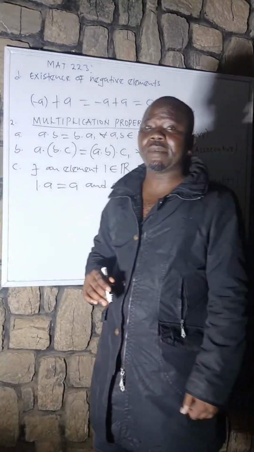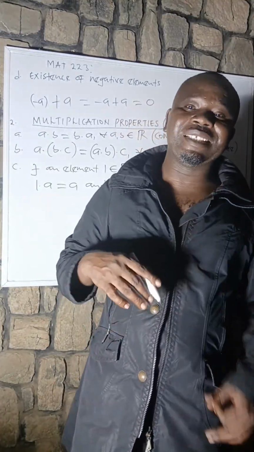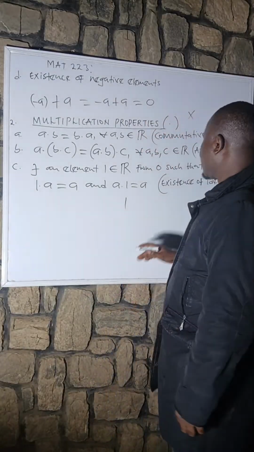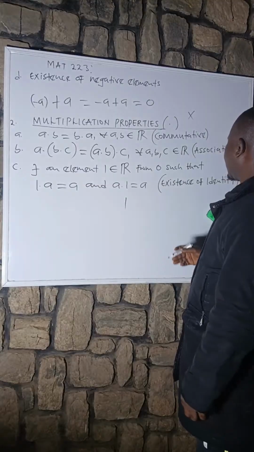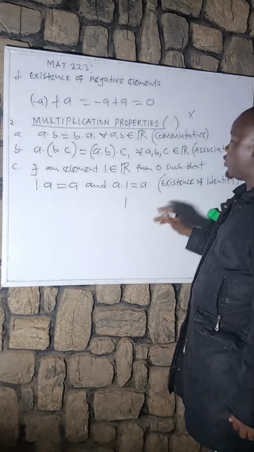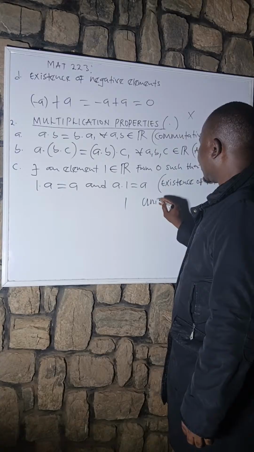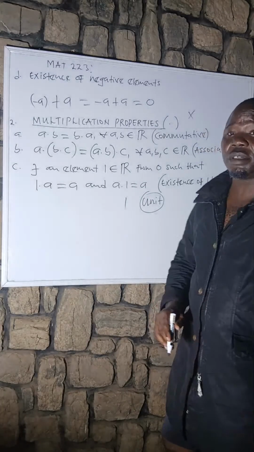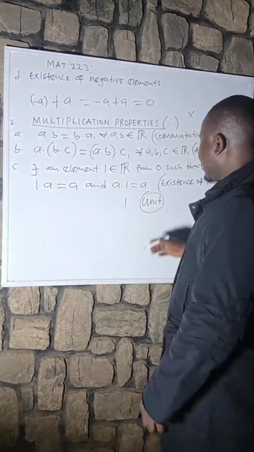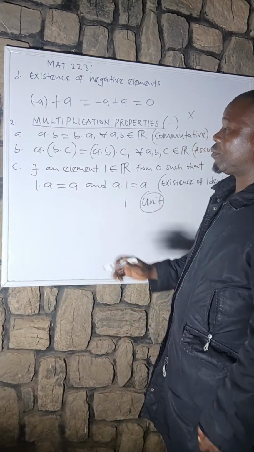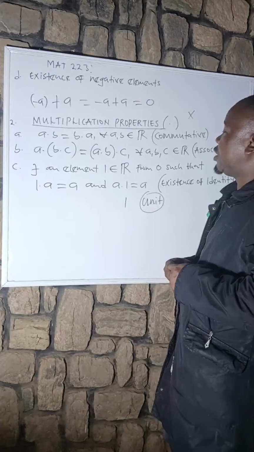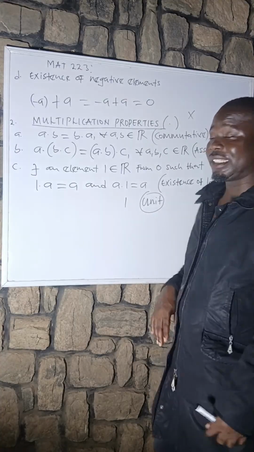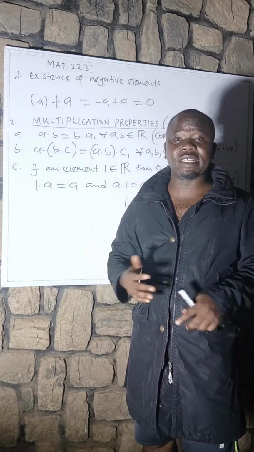In mathematics, when we say identity for multiplication, it means 1. Or in some textbooks, instead of existence of identity, you may see unit, or sometimes unity, which is the same thing as 1. So as long as multiplication is concerned, we exhibit the existence of identity.